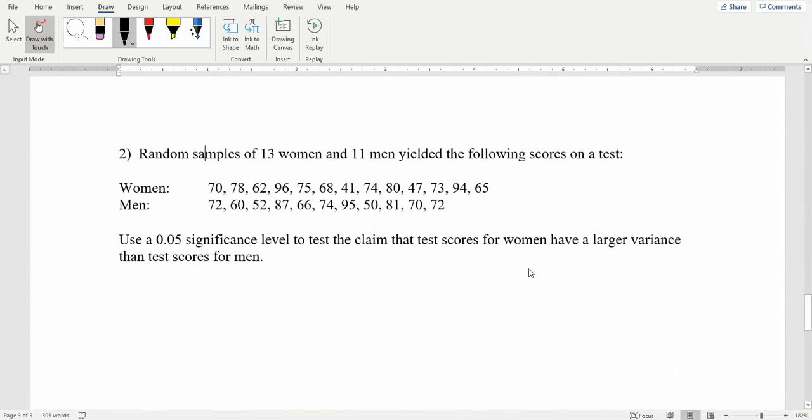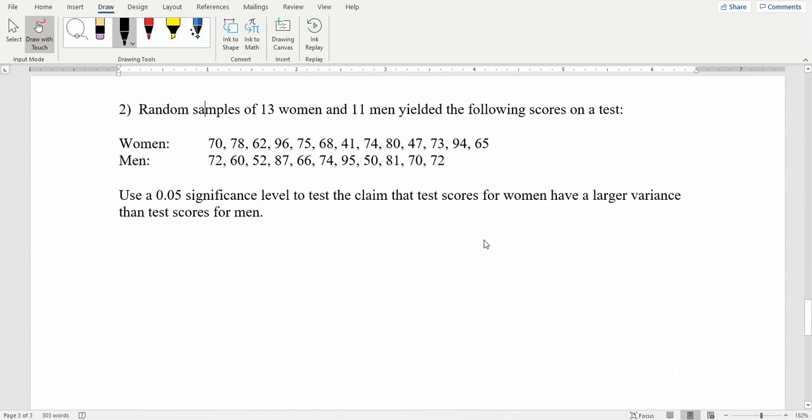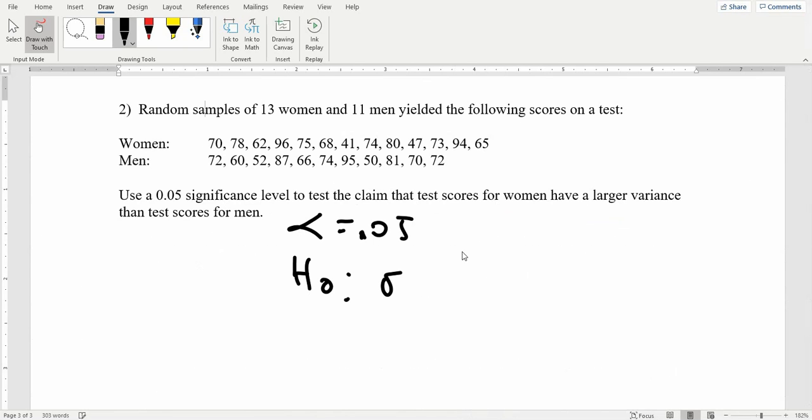Now let's do one with data values. This one, we have to be really careful with what we do. This is alpha equals 0.05. I don't know which one is the first sample yet, so my H0 is going to be that the variance of the first one is equal to the variance of the second one.